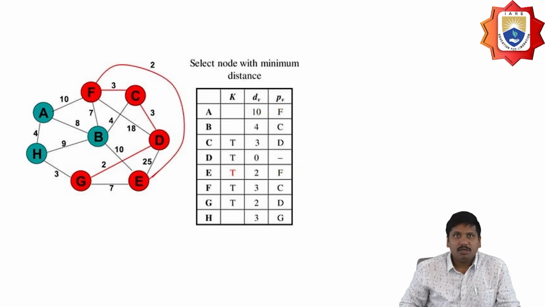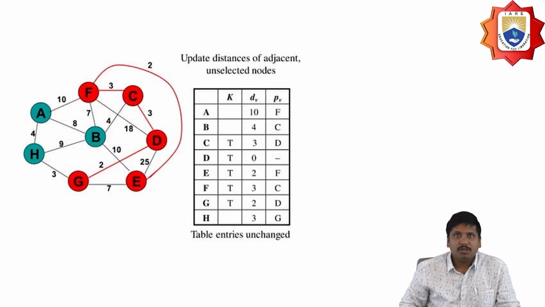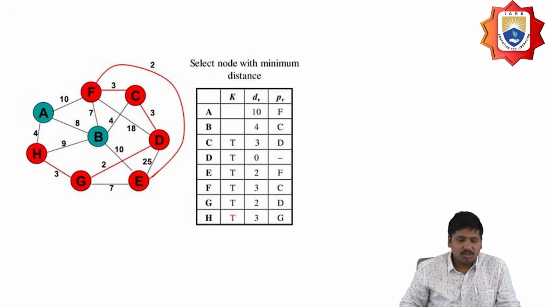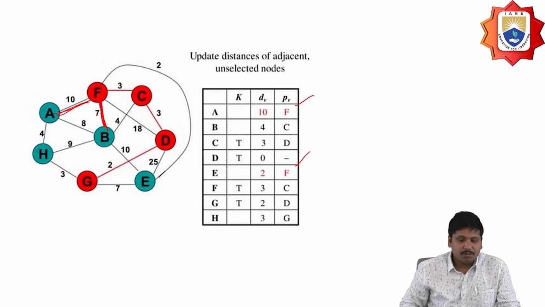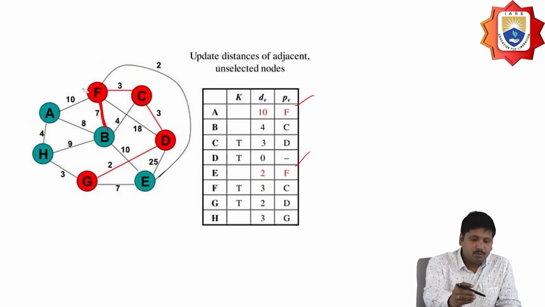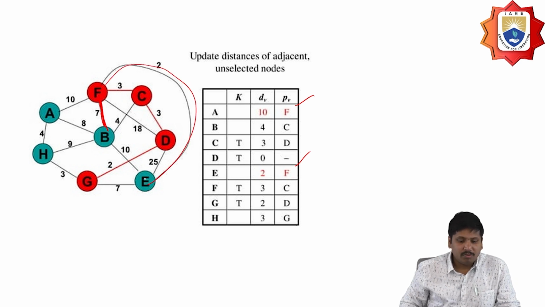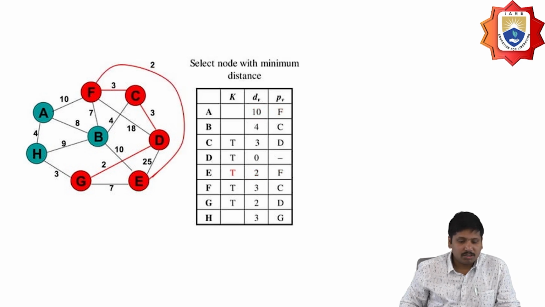And from this one, what should be the next minimum? F to E is considered, so I'm going to check whether a cycle is formed or not, and then again I have to consider what should be the next minimum. So F to E is there, so this one is going to be selected, so that is the minimum, right? So that one can be considered.